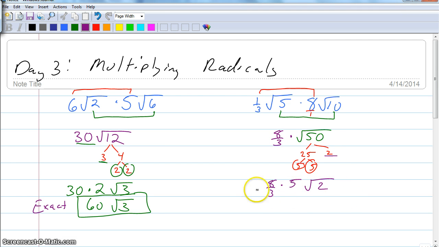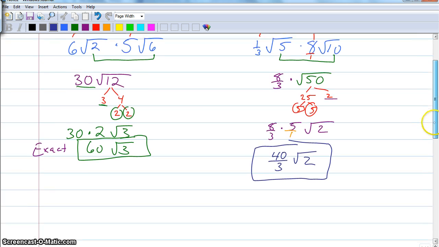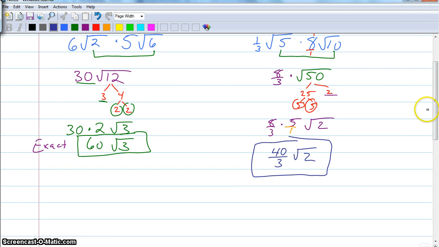Now we got to put this together. Now remember, fraction times a regular number, this is 5 divided by 1, isn't it? So that would be 40 over 3, and then we still have this root 2. Sounds a little bit tricky because it's got a fraction in it. But as long as you take your time, go one step at a time, should be okay.